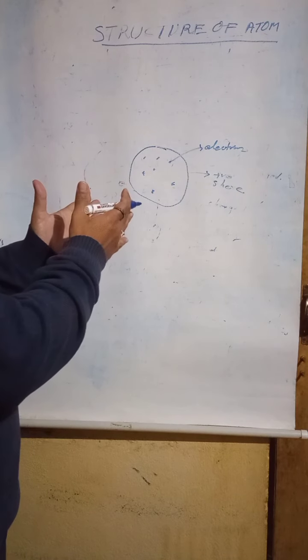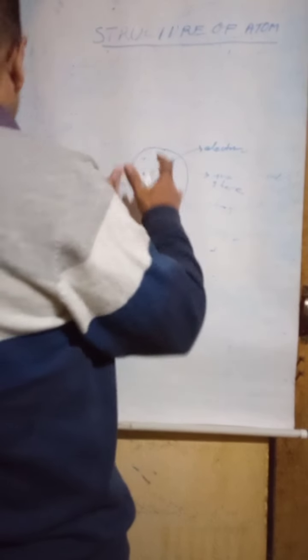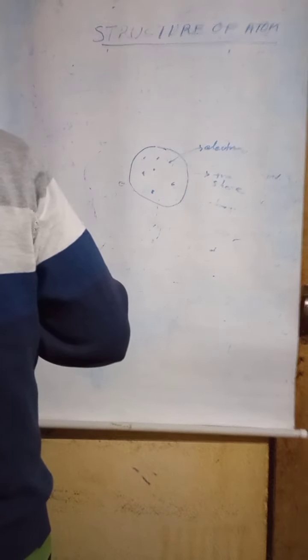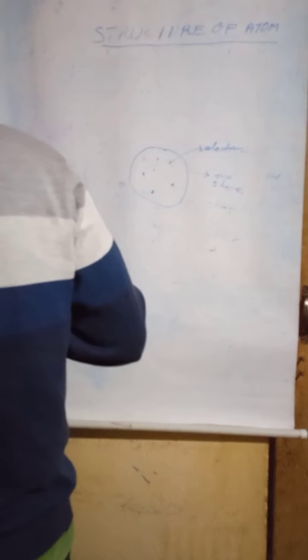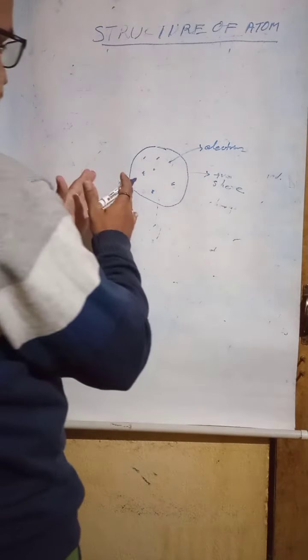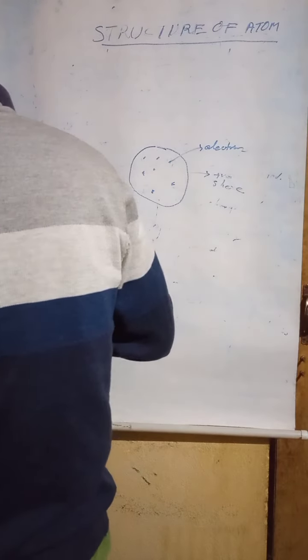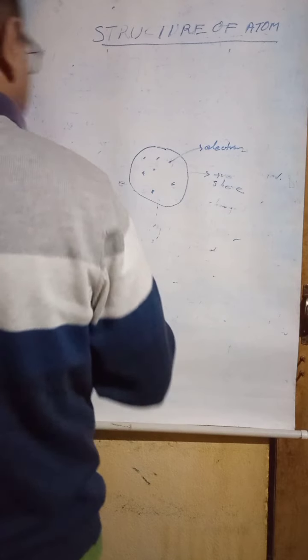So the structure is a positive sphere, and inside that electrons are present. Thomson told that the atom consists of a positively charged sphere and the electrons are embedded in it, and the negative and positive charges are equal in magnitude.